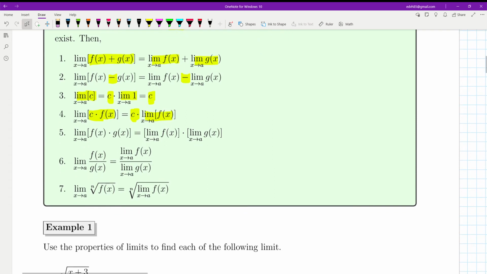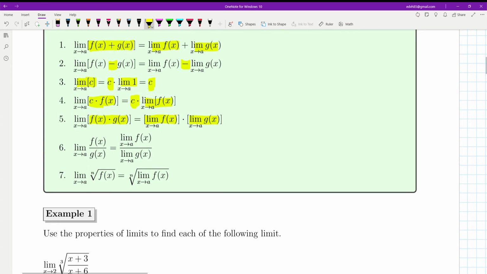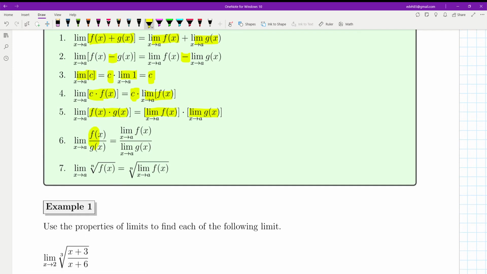When we have the limit of a product of two functions, we can evaluate this as the product of the two limits. And the same applies when we have the limit of a quotient: evaluate each individual limit in the numerator and the denominator.